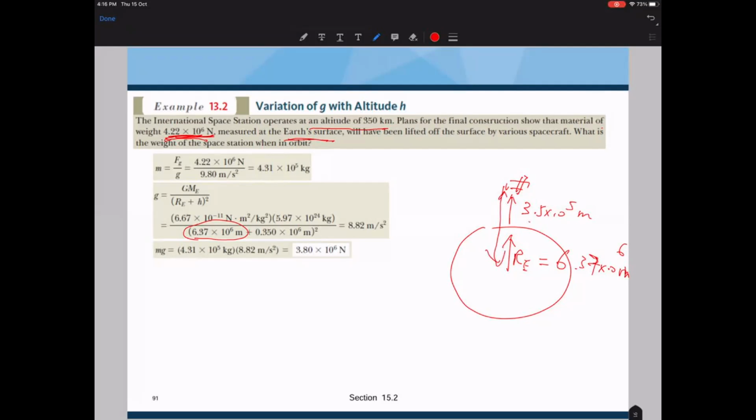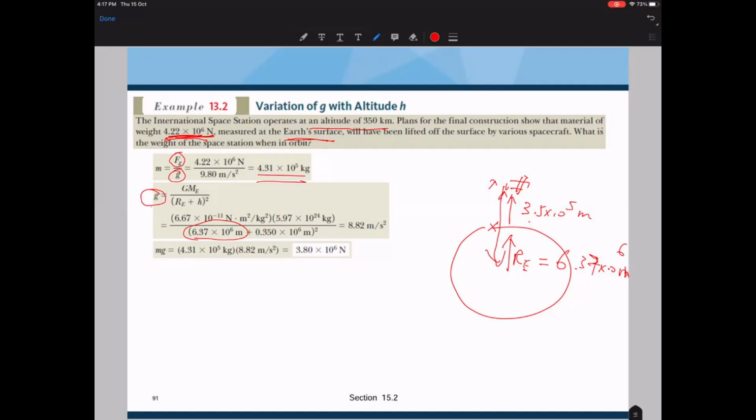Firstly, we decide the mass of these materials: weight on the surface of the Earth divided by the G at the surface of the Earth. So you get the mass. The mass is the same at every location in the universe. The weight, however, is different because the value of G changes from the surface of the Earth to the location where the space station is.